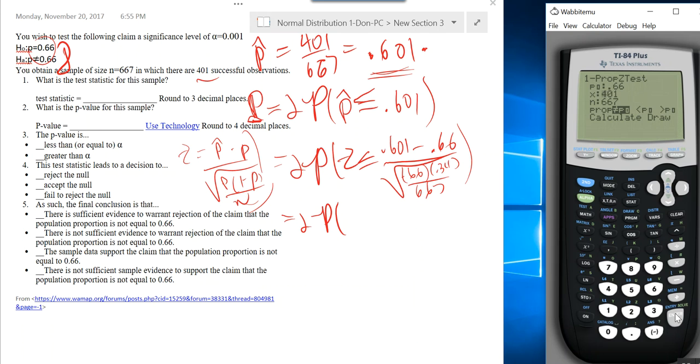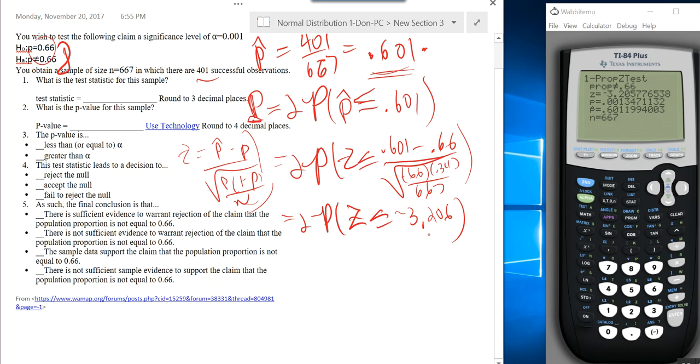And I'll go ahead and get down to calculate. And the z turns out to be negative 3.21, or 3.206, wherever you want to round that off.